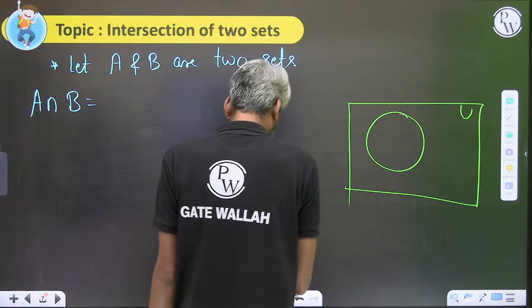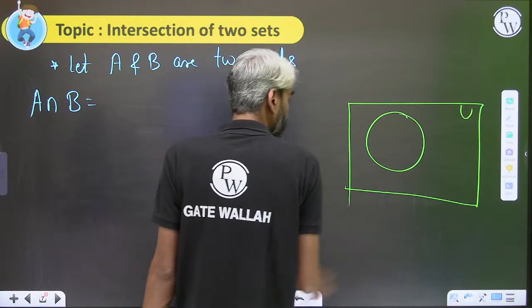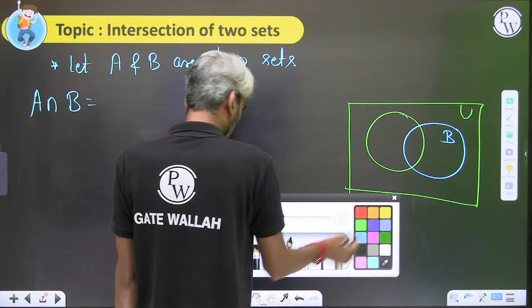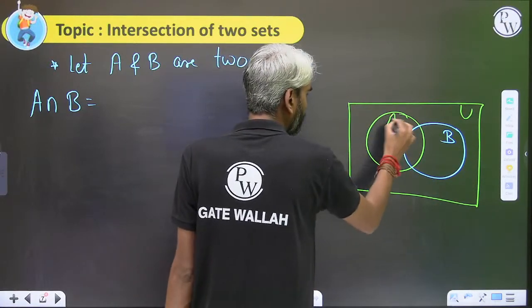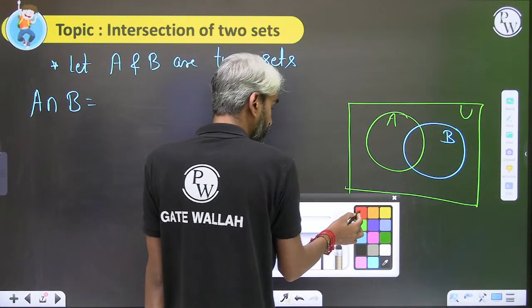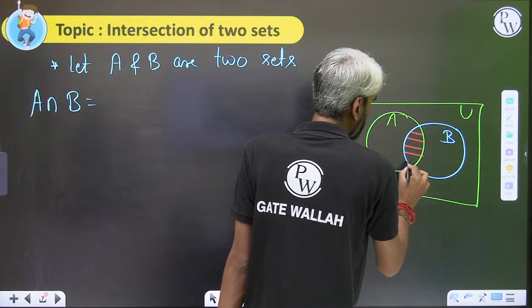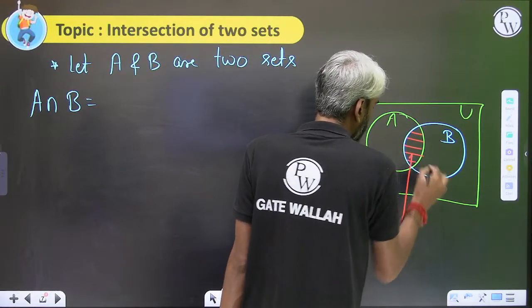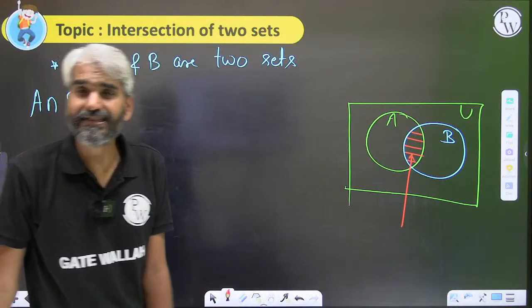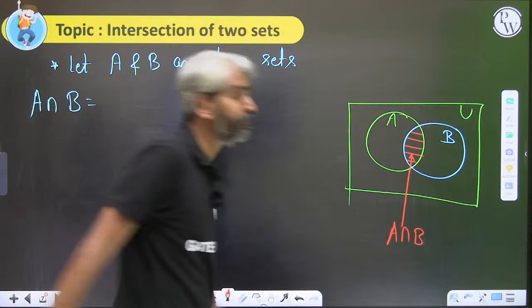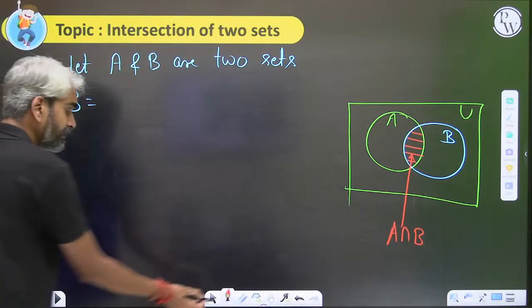This is some set A and this is set B. Sir, what do we mean by intersection? So the elements which are common to set A and set B will correspond to A intersection B. That is, the elements which are present in A as well as in set B.